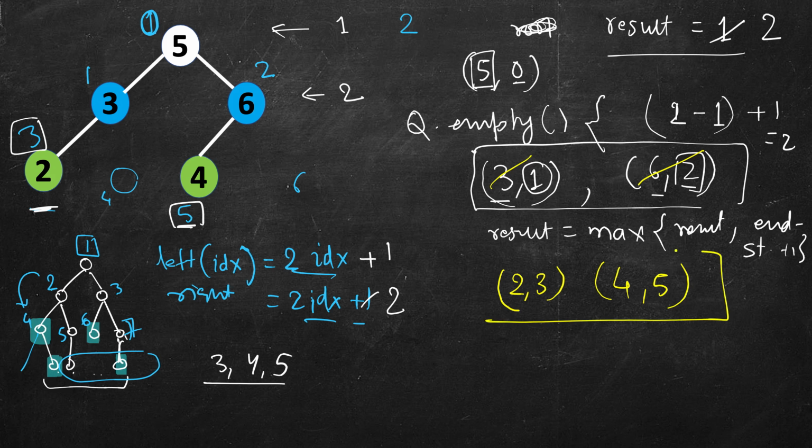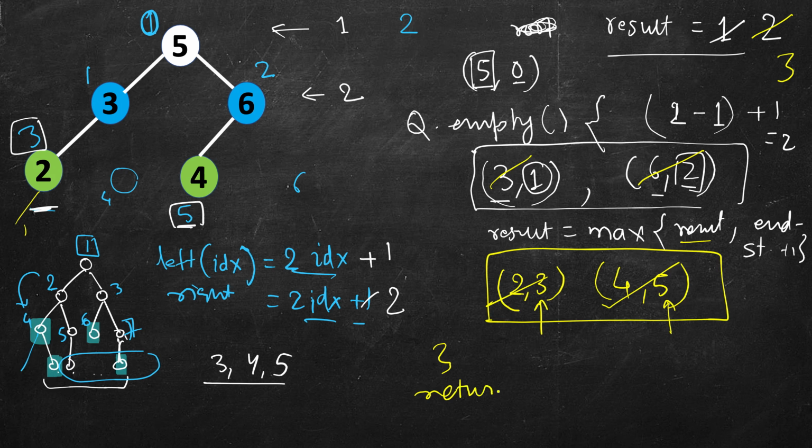Now this queue has 2 elements. Now again we will check what is the first index, it's 3, last index it's 5. So result will be max of existing result, that is 2, and 5 minus 3 plus 1 is 3. So result now becomes 3. And then we will pop it, there is nothing to push, both are empty. Similarly we will pop it and finally return this result.